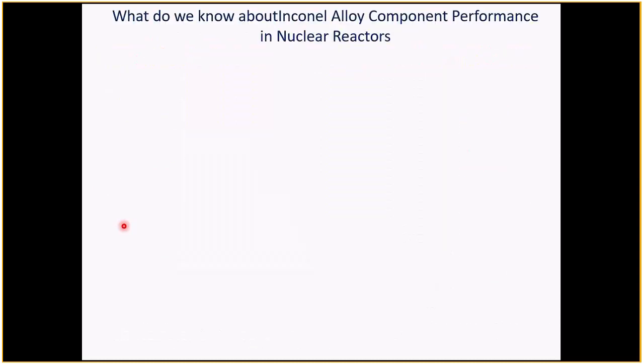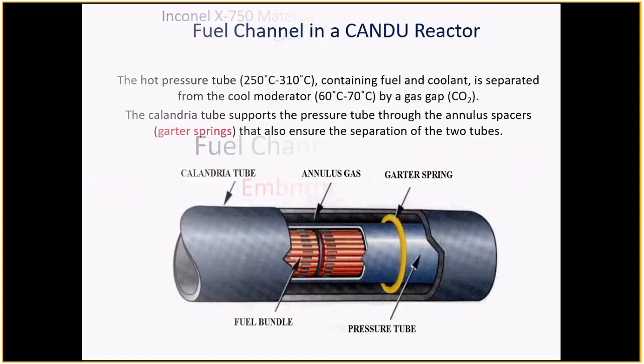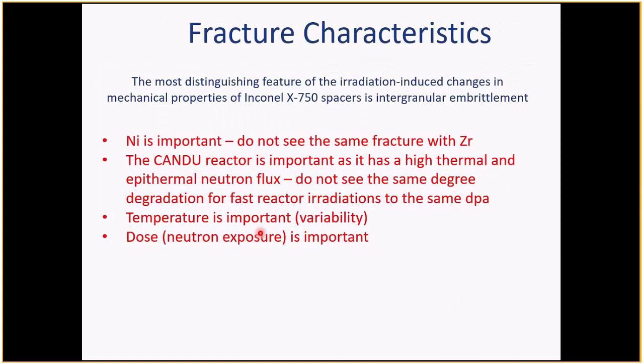I think one of the reasons for that is because it's a low temperature. So temperature is important. And dose is also important, if your material is not in there for very long.